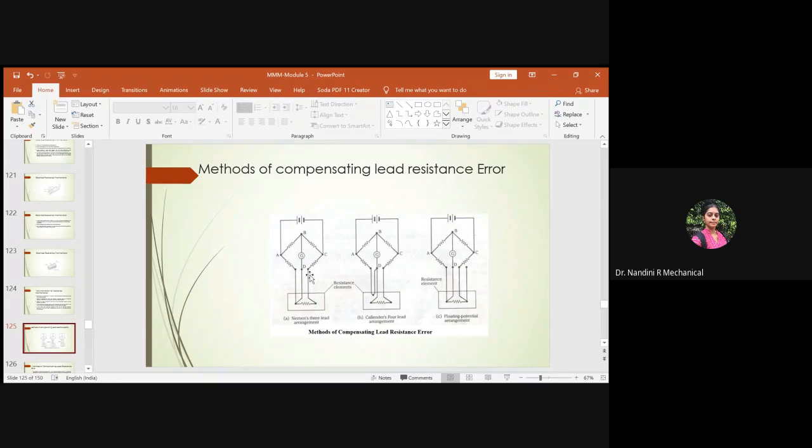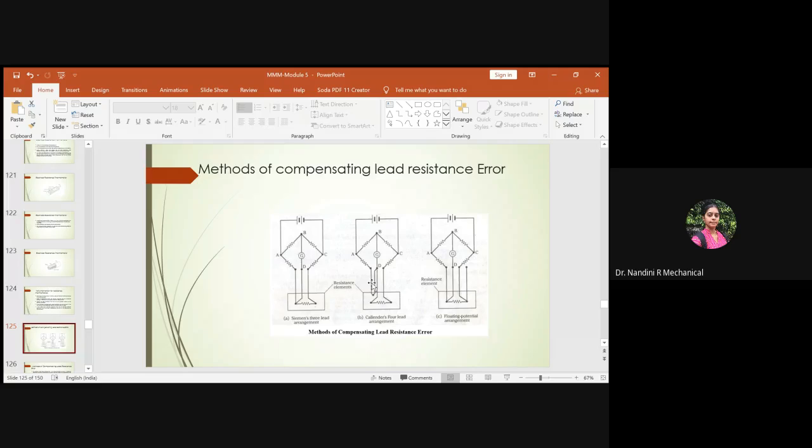This is the normal regular method which is followed, where you have three lead wires of uniform length. This is called Callendar's four lead arrangement. You'll have 1, 2, 3 and 4. Here two lead wires will be of the same length, and the other two lead wires will be of smaller length in comparison to the first two.